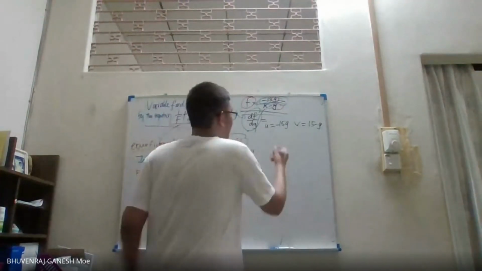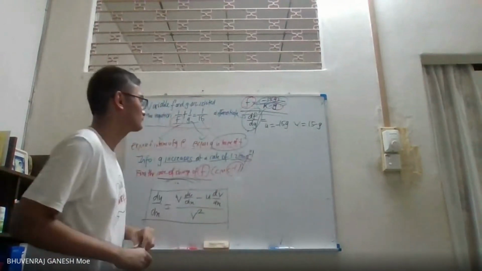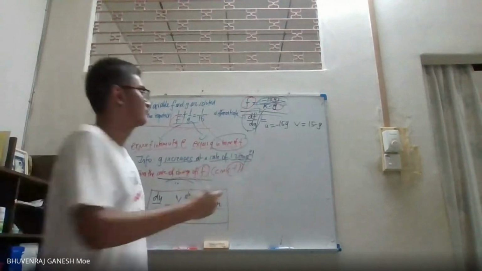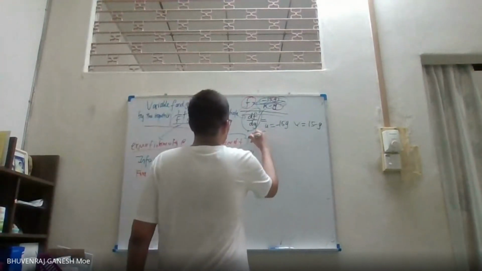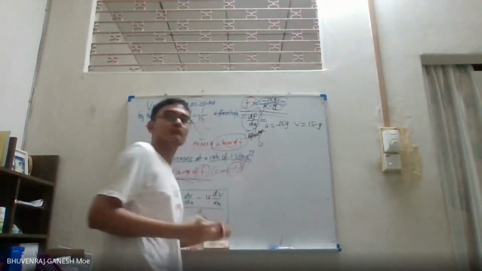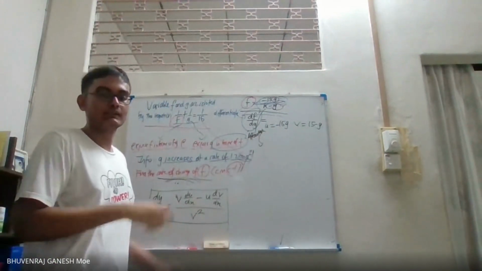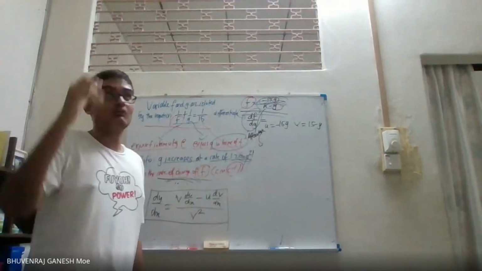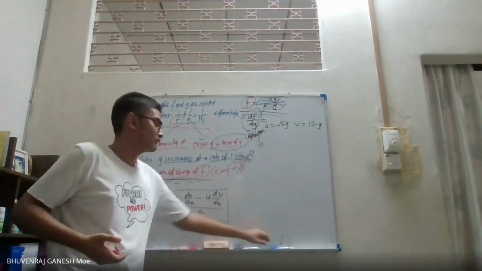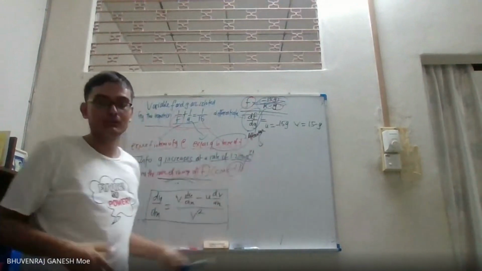If u equals negative 15g, what will be the differentiated equation? Can you give the symbol? Like just now I asked you, differentiate y with respect to x, how do we write it? So now it comes like this. How will your symbol be?